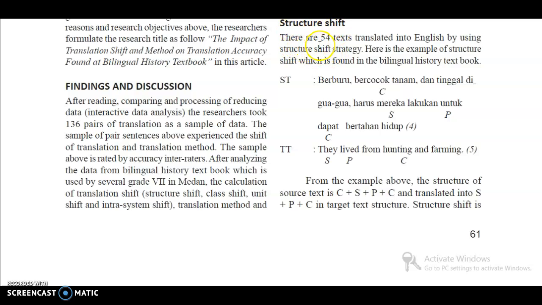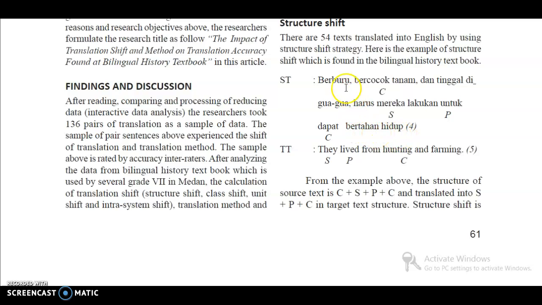There are 54 texts translated into English by using structure shift strategy. It means in the bilingual history textbook. Okay, here is the example. Source text: berburu, bercocok tanam, dan tinggal di gua-gua harus mereka lakukan untuk dapat bertahan hidup.